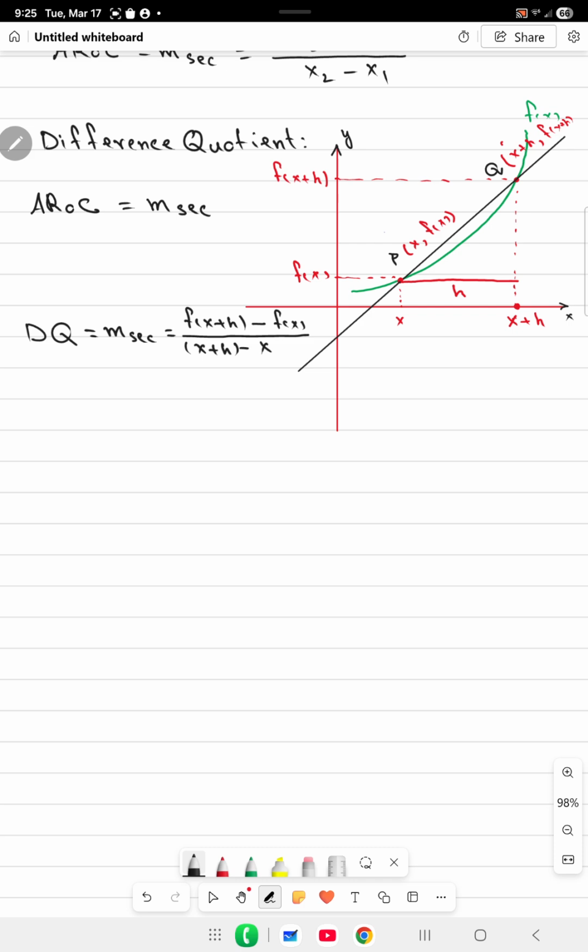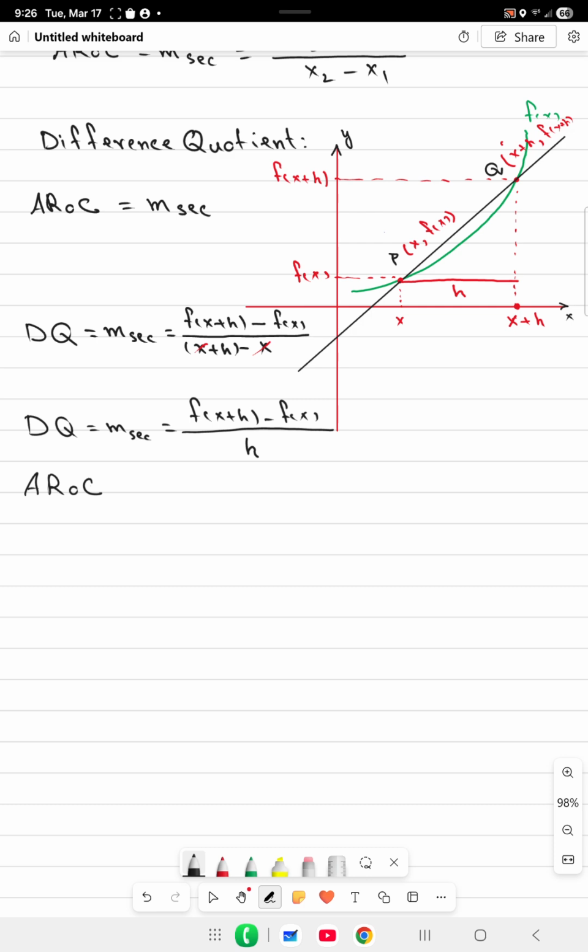If I simplify the denominator a little bit, then the difference quotient formula, which is the slope of the secant line, will be equal to f of x plus h minus f of x over, you can see clearly here that x cancels out with x, and I'll get only an h. This formula, we call it the difference quotient formula. It means, again, the average rate of change of the function f.